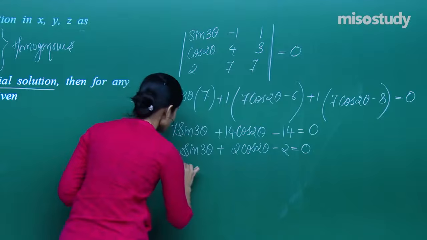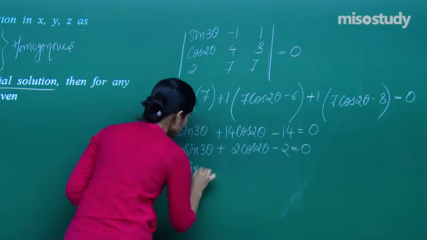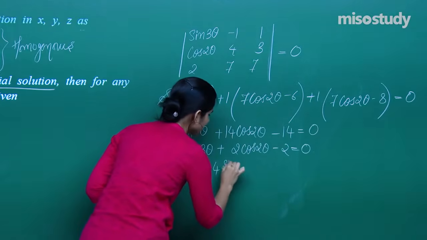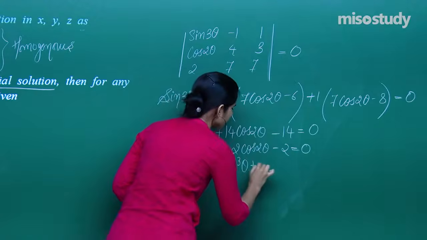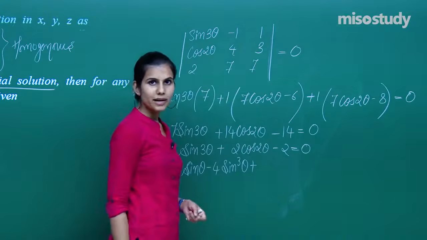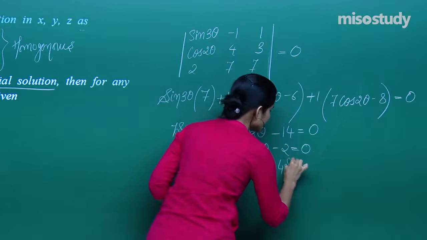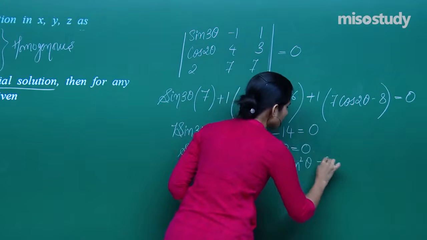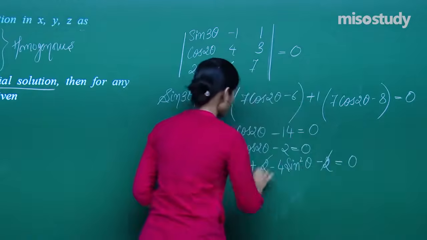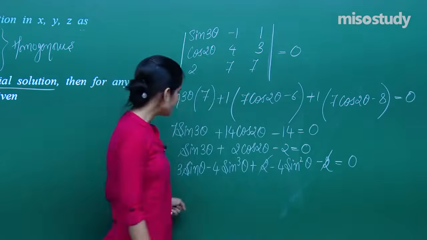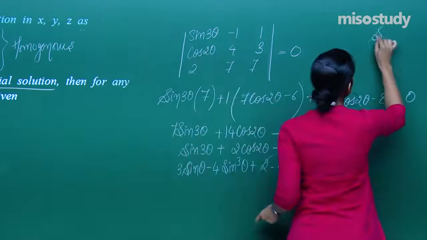Sine 3 theta is 3 sine theta minus 4 sine cube theta, and cos 2 theta is 1 minus 2 sine square theta, into 2 gives 2 minus 4 sine square theta, minus 2. Minus 2 plus 2 gets cancelled, sine theta can come out common.